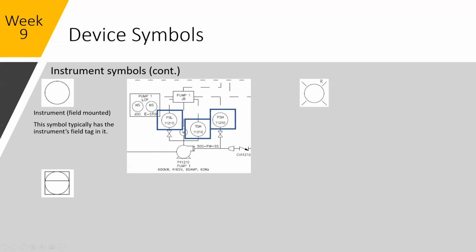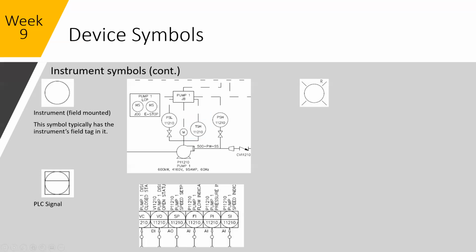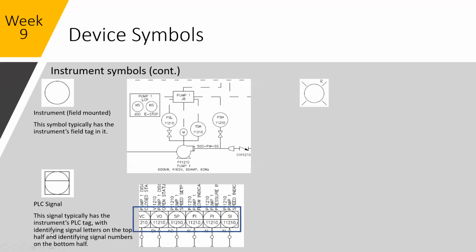Okay. So these are mounted in the field, and then somehow they will be connected up. If they're connected to a PLC, there'll be a line coming up to the top to the PLC signal here. The PLC signal typically has the instrument tag inside of it. If you remember back to tags, we had multiple tag fragments.